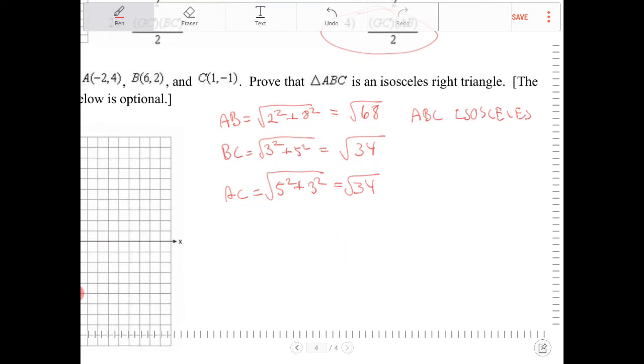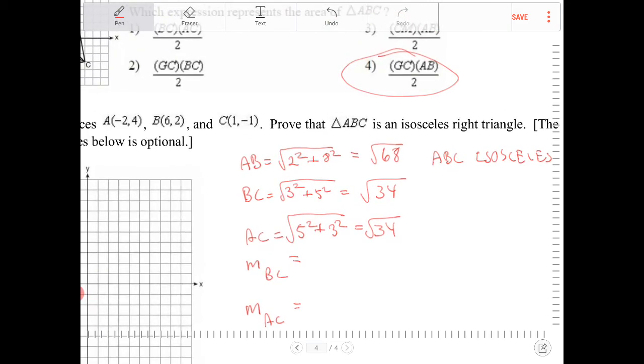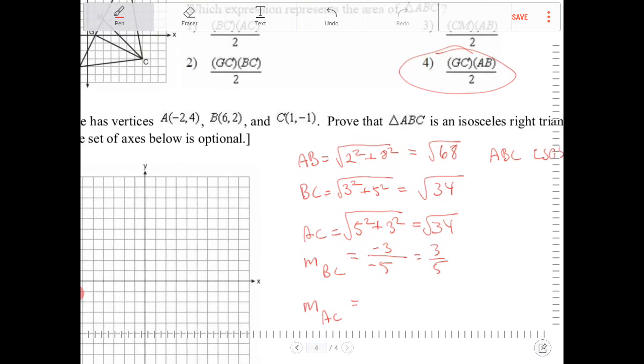And now what I have to do is find the slope of BC and the slope of AC. So slope of BC, -1 minus 2 is -3, over 1 minus 6, which is -5. So that would be 3/5. If it all goes well, I should end up with -5/3 as the slope of AC.